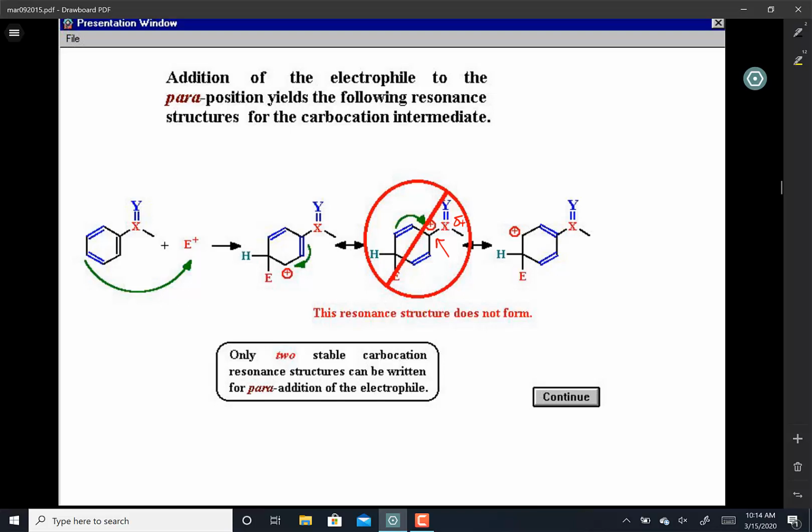Adding the electrophile to the meta position only formed 3. When it's a deactivating group, putting the plus charge next to the group is bad. And so therefore, meta forms more resonance structures. So this is the reason why we're ending up with more resonance structures adding ortho-para to activating groups, and more resonance structures adding meta to the deactivating groups.